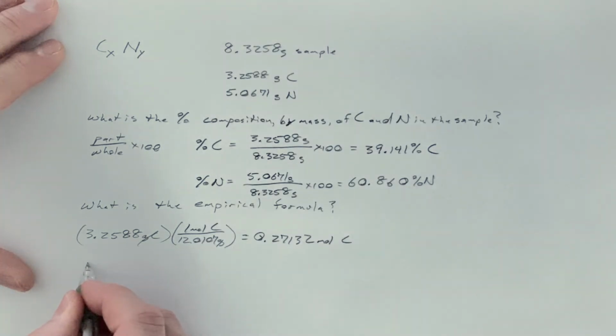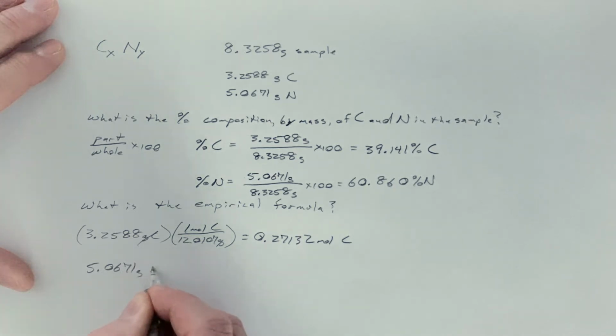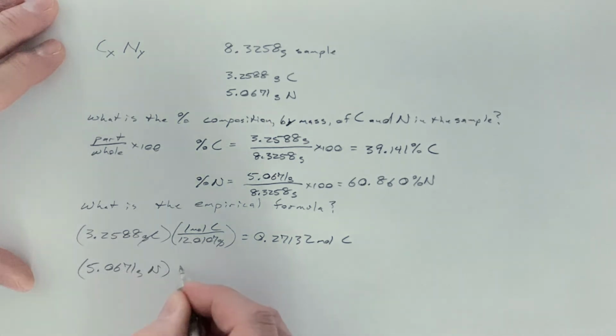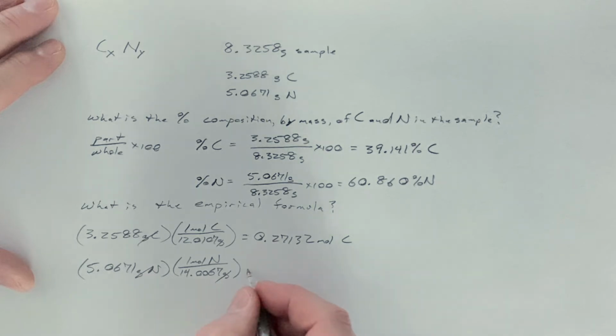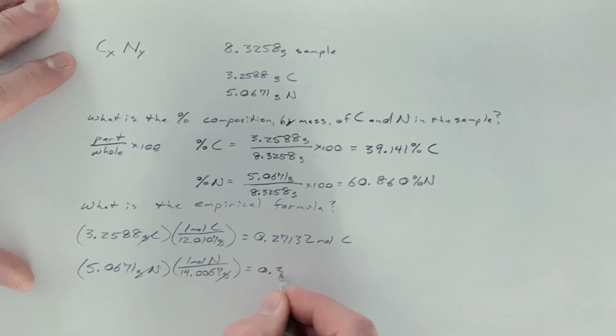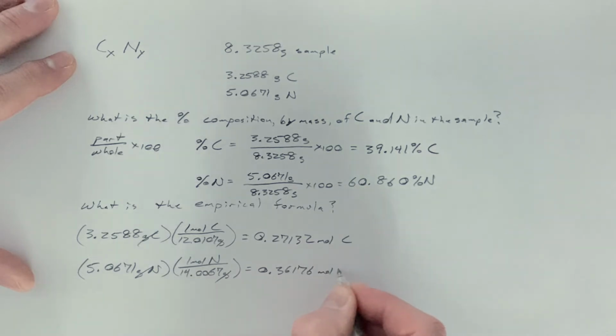We know that we have 5.0671 grams of nitrogen. We go to the periodic table. We see that 1 mole of nitrogen has a mass of 14.0067 grams. Grams of nitrogen cancel with grams of nitrogen, and this works out to be 0.36176 moles of nitrogen.